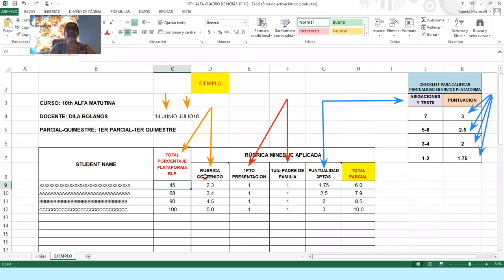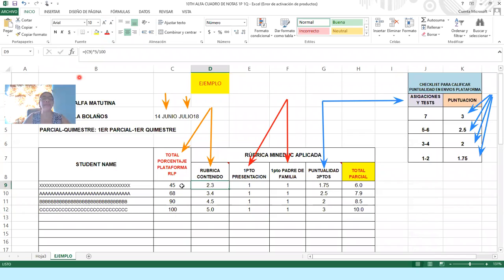¿Cómo la Miss saca estos 5 puntos? Fácil. Como usted puede ver, este valor lo multiplicamos por 5 y lo dividimos para 100. Mire aquí, por favor, aquí está clarita la fórmula que se está aplicando, para que todos tengan un porcentaje claro y real de cómo va a ser.